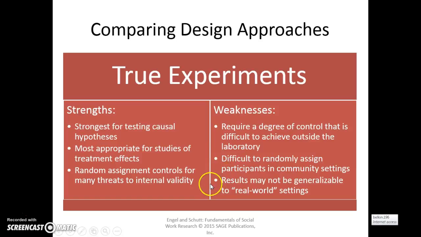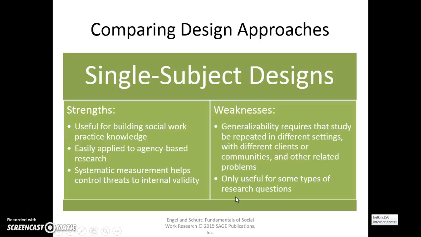Because there are so many things you have to control, it becomes really hard to say that even if you find something, you could say, for example, that domestic violence may cause trauma in a relationship, but you may not be able to generalize it to everybody that experiences domestic violence. In single subject designs, which we looked at previously, this is really useful in agencies and for practitioners to do. It doesn't require a ton of resources. Again, it's difficult to generalize, and you can only use it for certain questions.